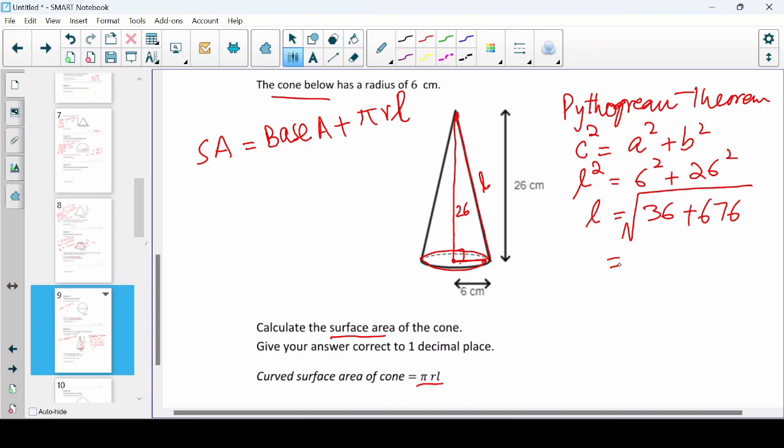So the base is a circle, so the area of the base is pi r squared, plus pi r l. That gives us pi times 6 squared, which is 36, plus pi times 6 times 26.7.